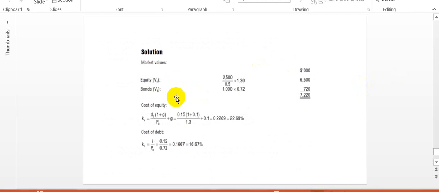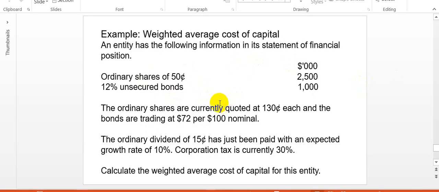So substituting in the formula, remember we said the book values, you are given book values of the ordinary shares and the book values of the bonds. These we need to change to market values.